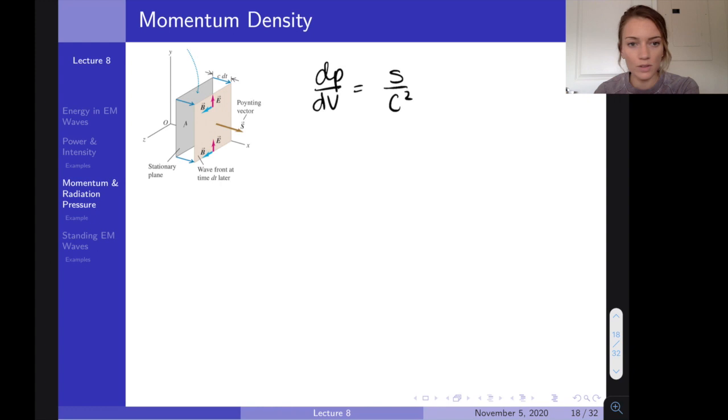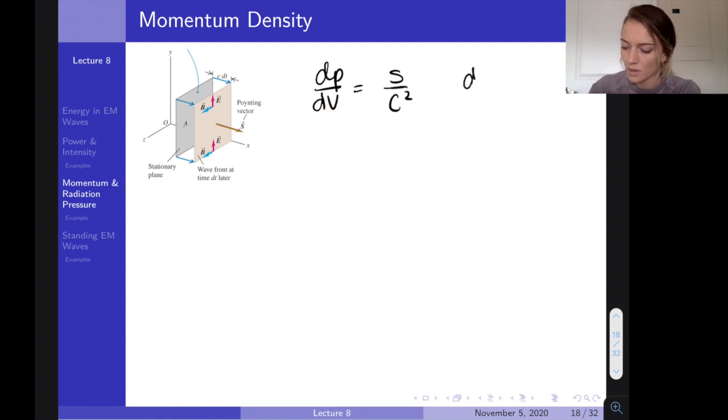Now let's look at the same diagram that we had before, and let's do the same thing where we switch dV, because we know the side length x, and we also know the area.